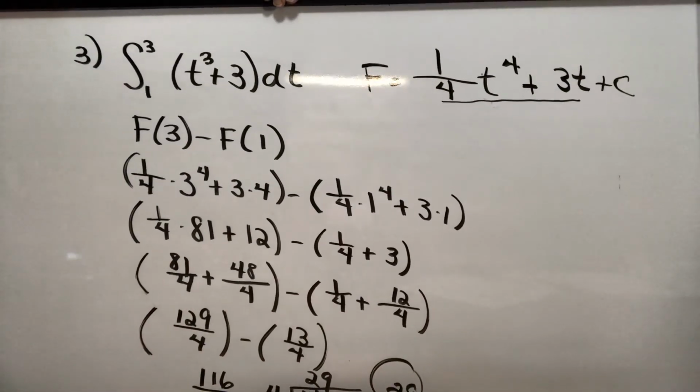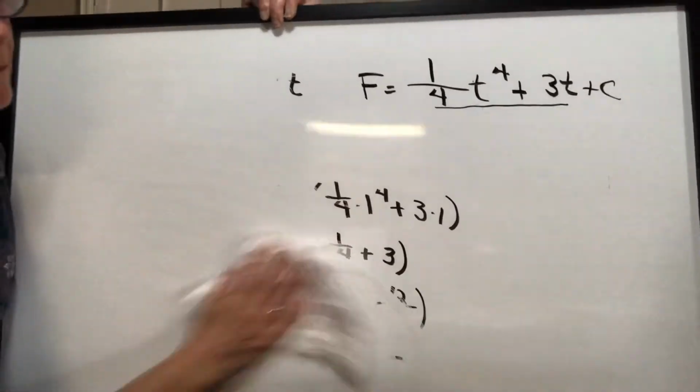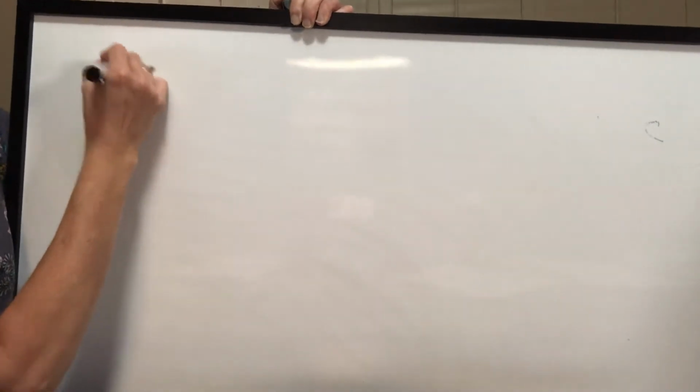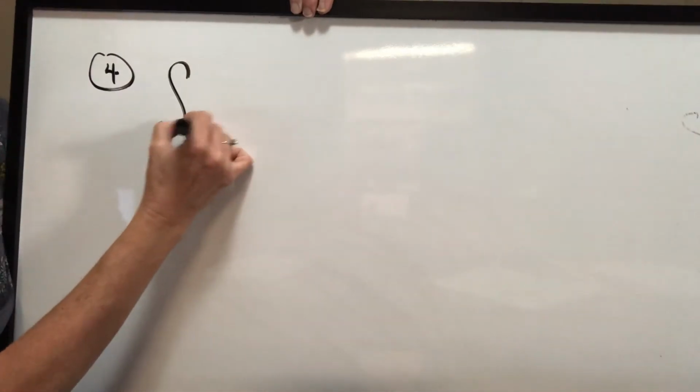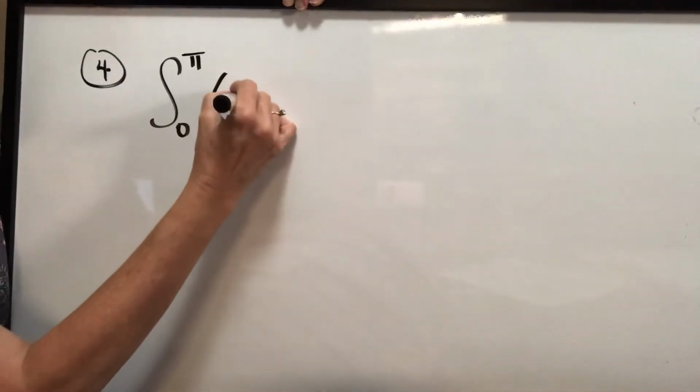Okay, so moving on to number 4. Number 4 is the integral from 0 to pi of cosine of x.